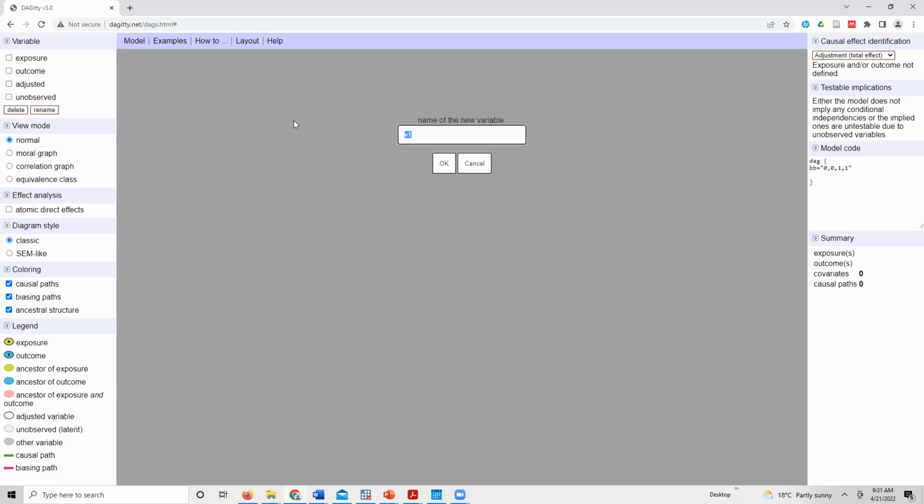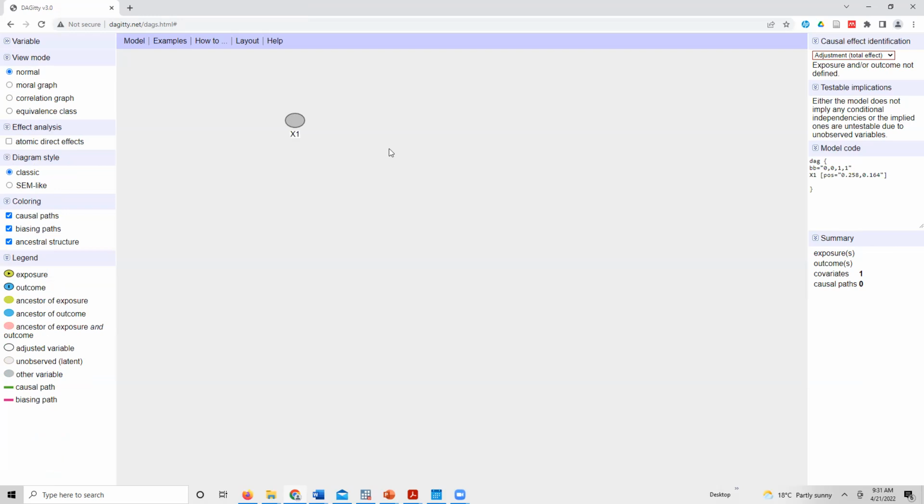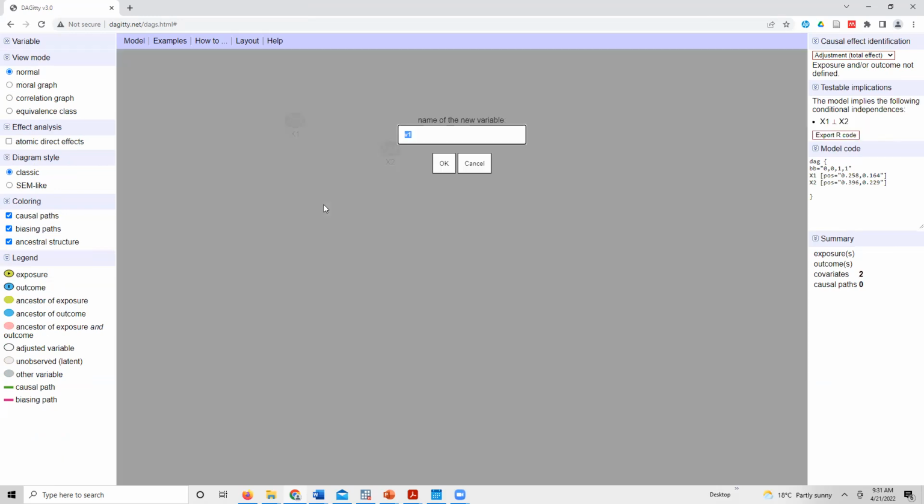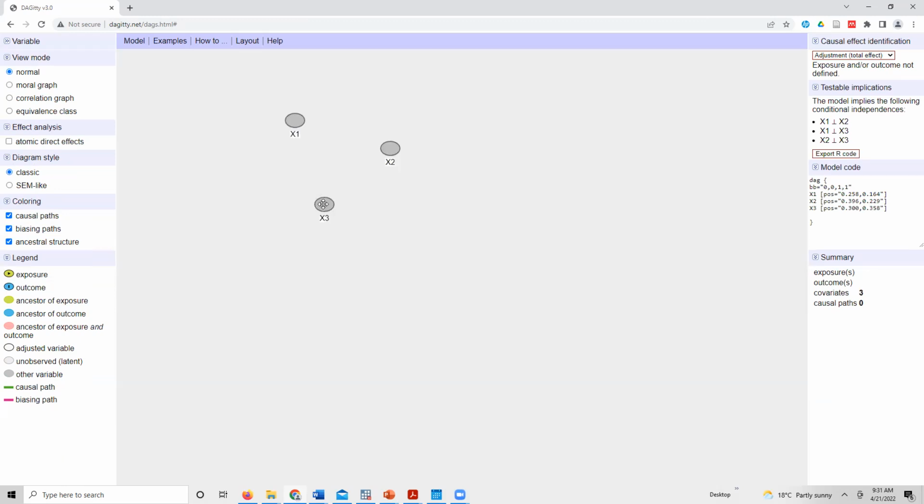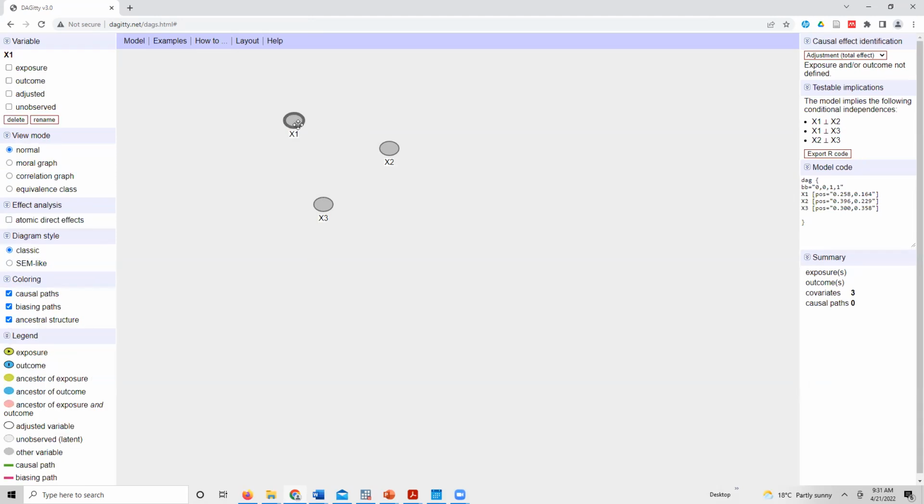So I click on the screen and I can add any variable. Let's say it's x1. I want to add another one, I put x2. This is just to show you how we use it, and then you're going to use it with a real example. And this is x3. So these are the three variables. Let's say that I want x1 to be my exposure. So I click on it.